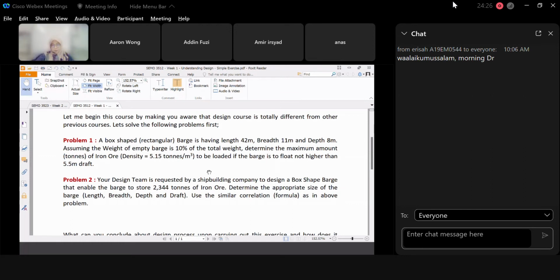So let me show you how you can solve this problem. For the rest, you can also refresh your understanding of design. Let me share this one.